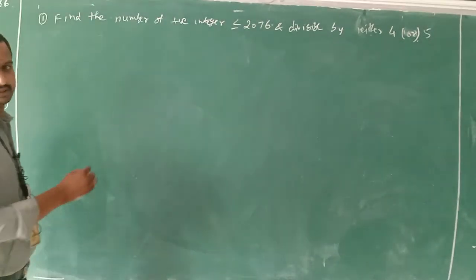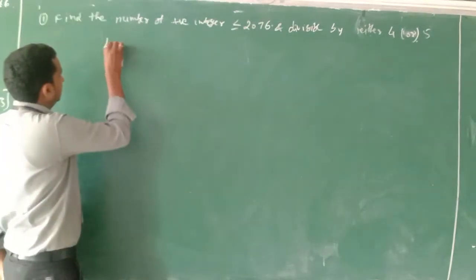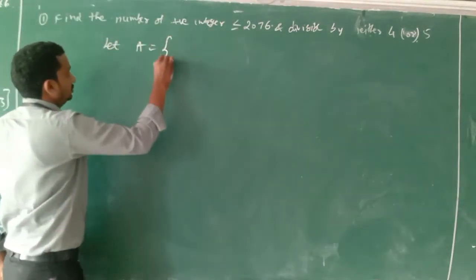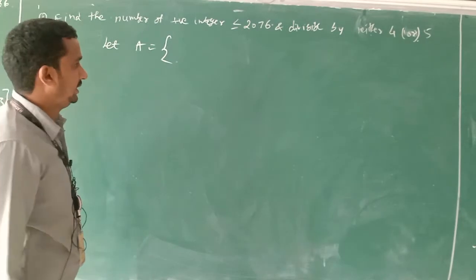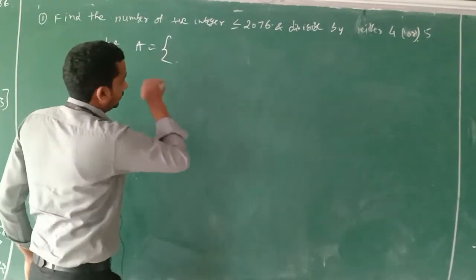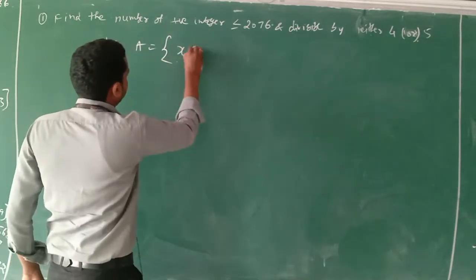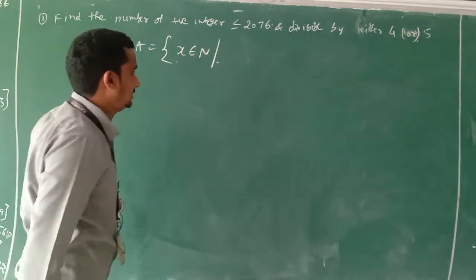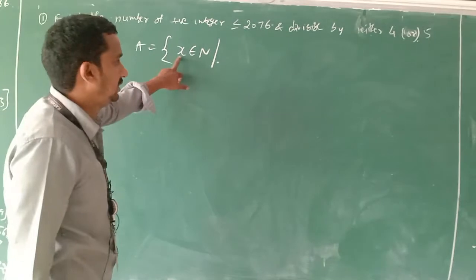Okay, first write: let A equal the set of all positive integers. A is nothing but x belongs to N such that x is divisible by 4.